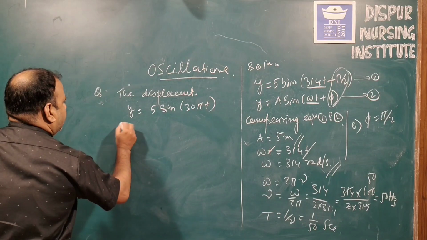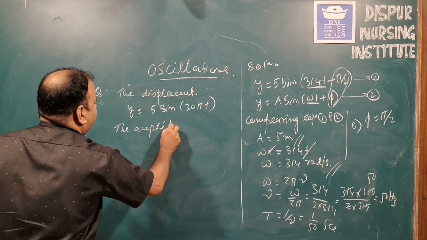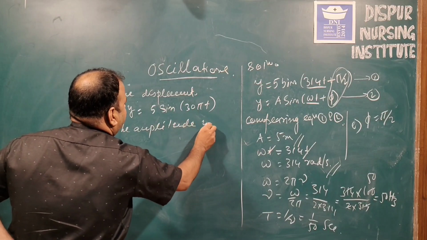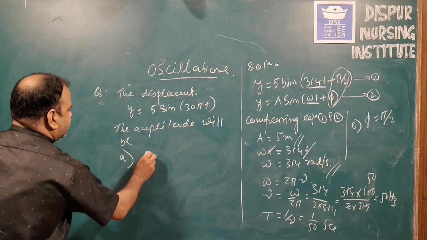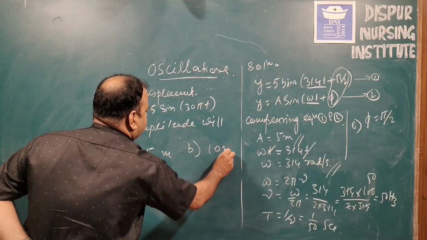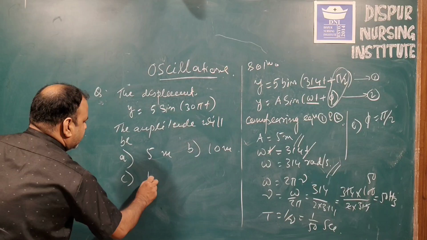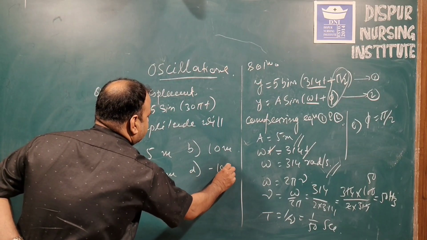So the amplitude will be: option A, it is given 5 meter, option B is 10 meter, option C is 15 meter, and option D is minus 10 meter.